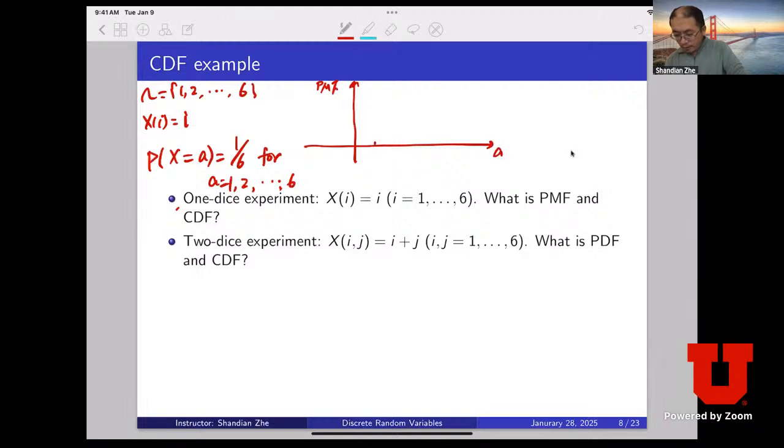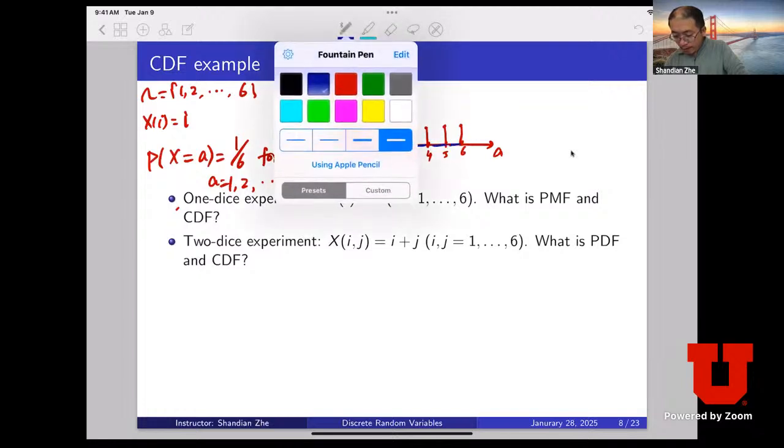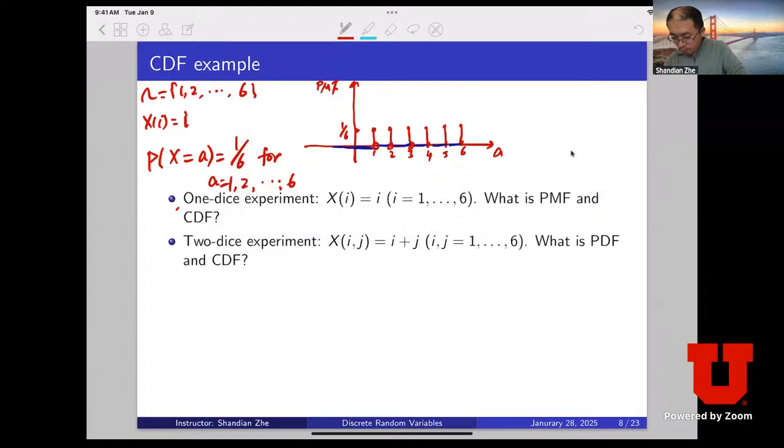We actually got 6 possible values which give you non-zero PMF. They all have value 1 over 6, right? And for all the other A values, the PMF is simply 0, right?